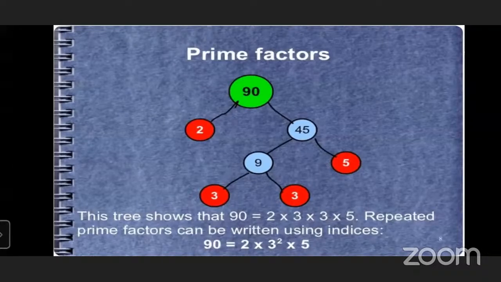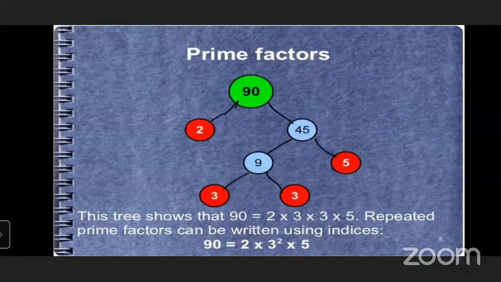Now see here, this tree shows that 90 is equal to 2 into 3 into 3 into 5. Fine. So the numbers in red are the prime factors of 90.